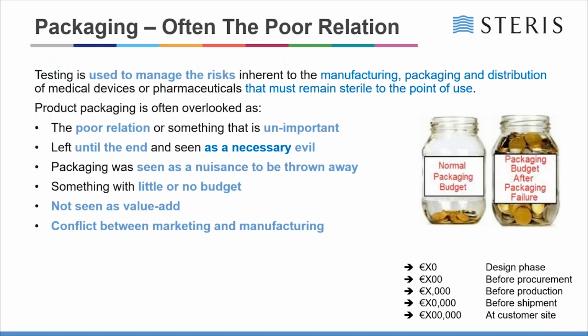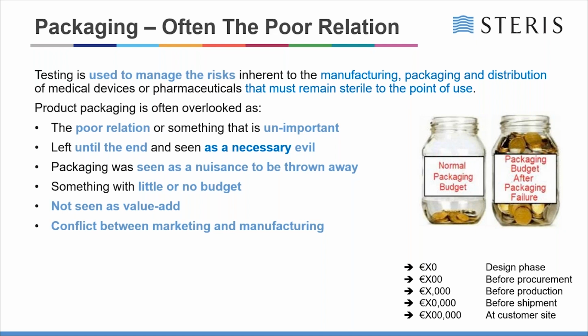In most companies, I won't say all, packaging is often considered the poor relation. The reason for this is because they put all their time and effort into designing the product, which is absolutely fair enough. But when the product gets to the end of the line, how do you get it out to the user, out to the point of use?